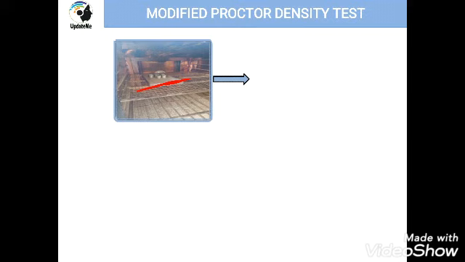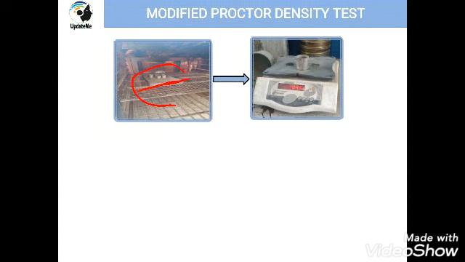So for different proportions of moisture we have to keep all different containers. The procedure is the same, and after that we remove the container from the oven after 24 hours and weigh it again.